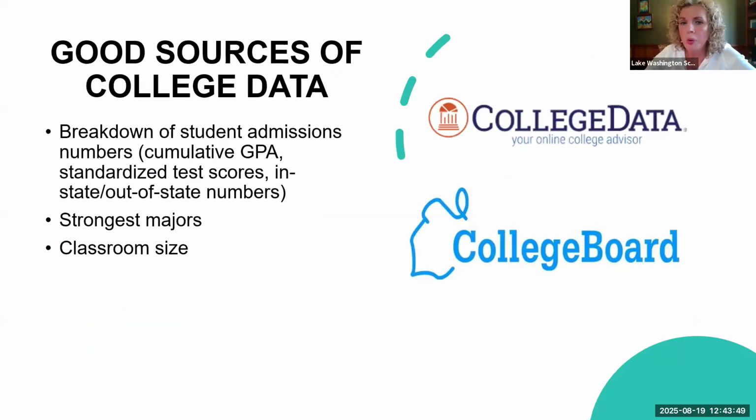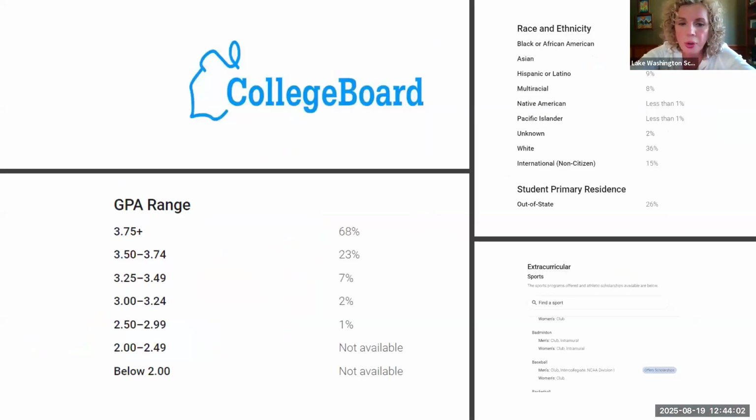Okay, so how can you find out information about colleges? There are two sites that I use very frequently. One is the College Board and one is College Data. This is College Board for the University of Washington. This shows a breakdown of admitted student GPA.